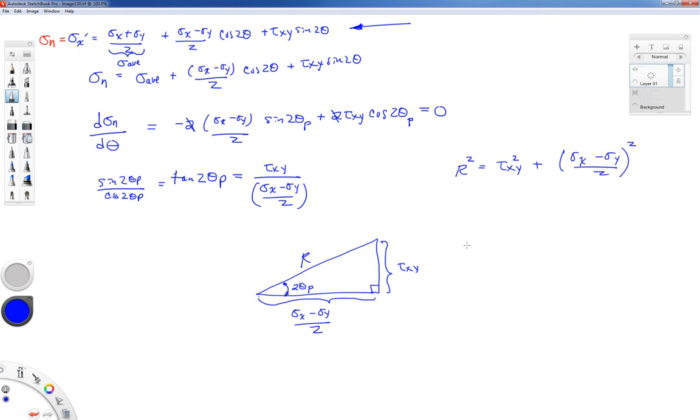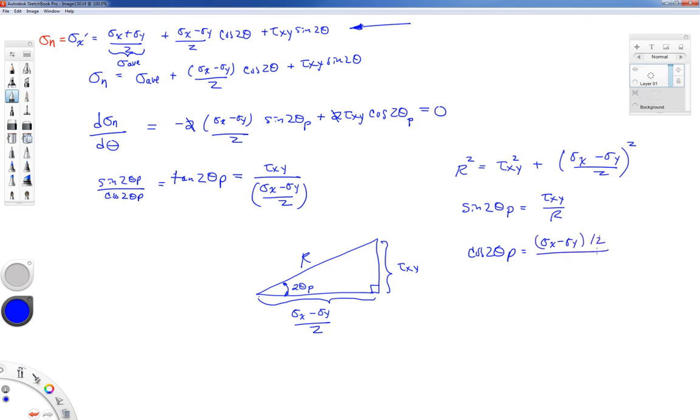And we can find values for the sine of 2 theta p, which in this case would be tau xy over r, and the cosine of 2 theta p, which would be sigma x minus sigma y over 2 over r.